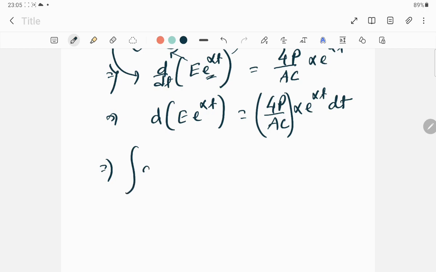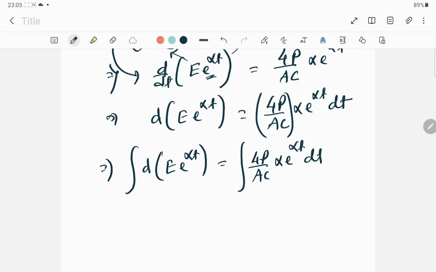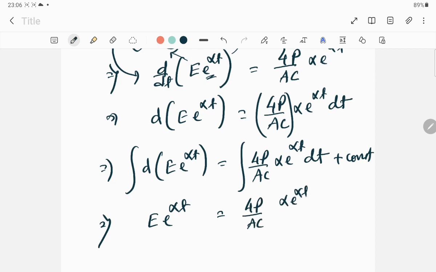If I integrate both sides, E e to the power alpha t equals 4P/AC alpha e to the power alpha t dt, and there will be a constant. So we will have 4P/AC alpha e to the power alpha t by alpha, because the integration of e to the power alpha t dt is nothing but e to the power alpha t by alpha.